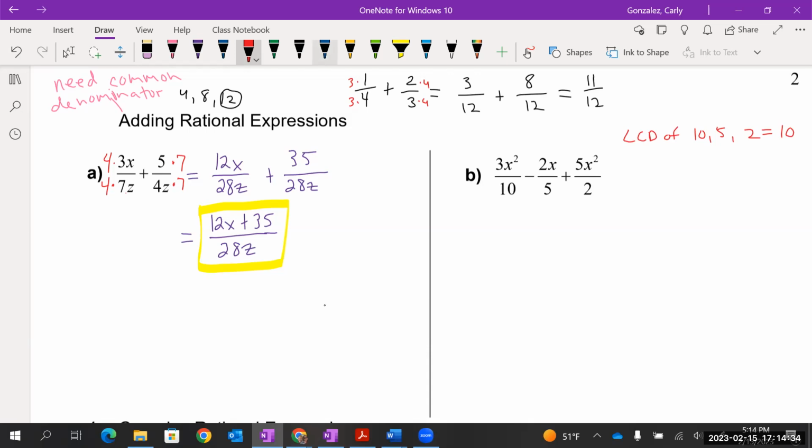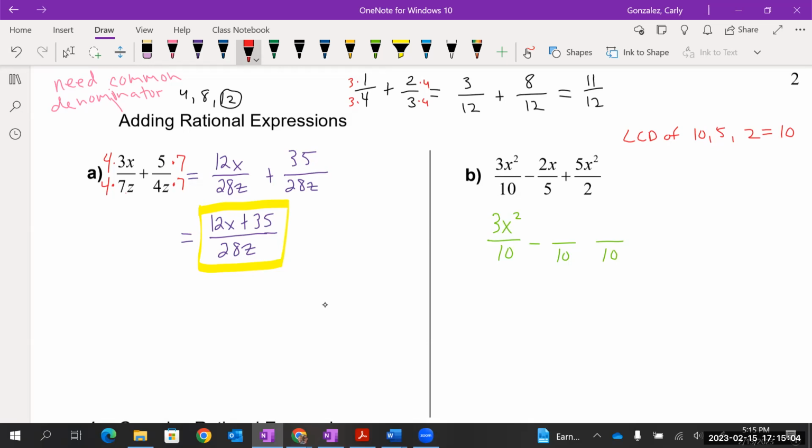So now we're trying to write every single one of those fractions with a denominator of 10. Now the first fraction already has a denominator of 10, so we will just leave that as 3x squared over 10.